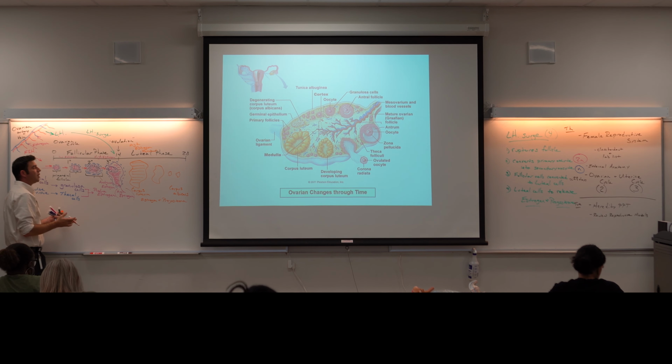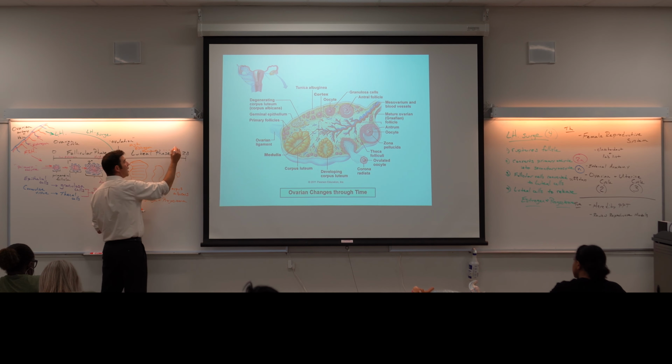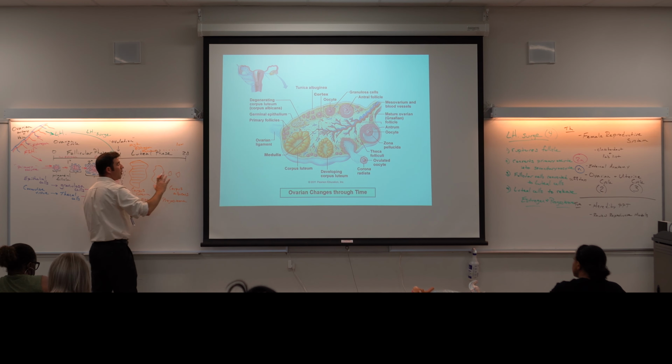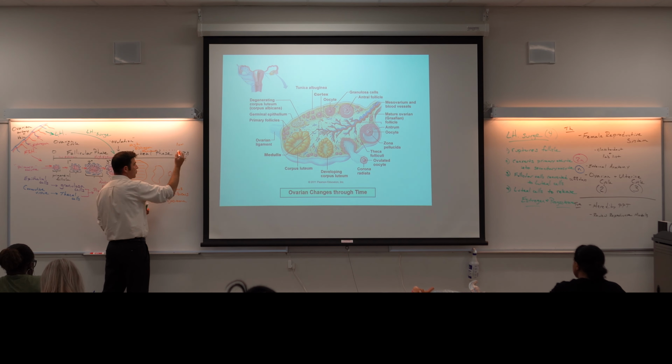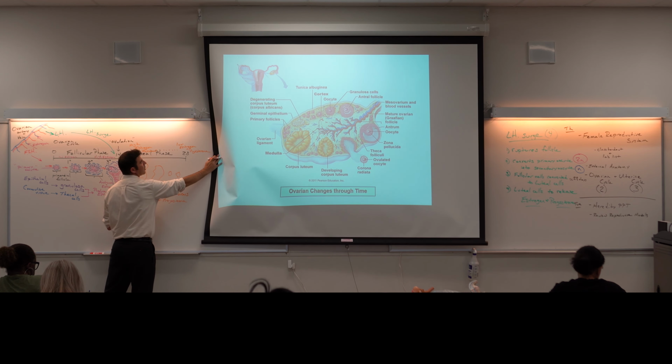High levels of estrogen and progesterone at first, but then by the end, if that degenerates down to a corpus albicans, now we have low to almost immeasurable levels of estrogen or progesterone. I know I ran off the screen there, but I'm just writing low estrogen or progesterone.